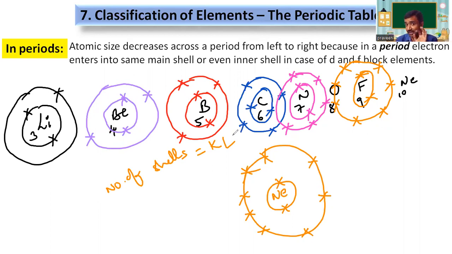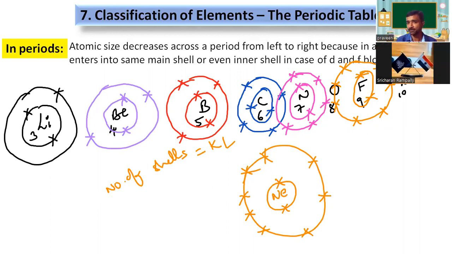Is there any change in the valency shell? Observe carefully. What is the valency shell for each element? It is the same shell, the L shell. So no change in the shell.